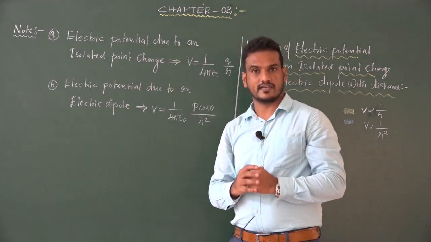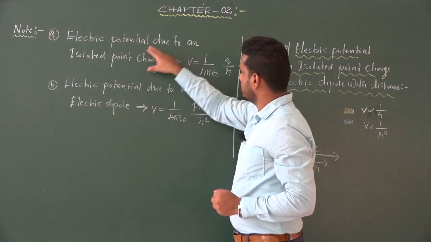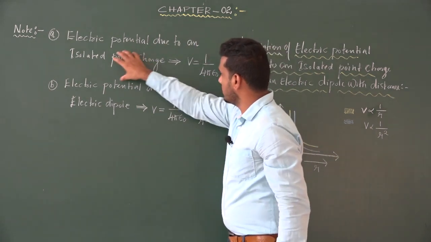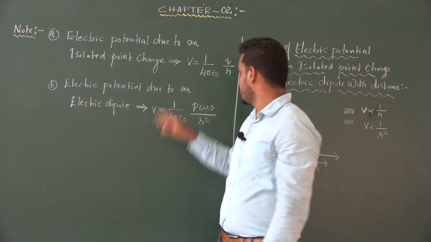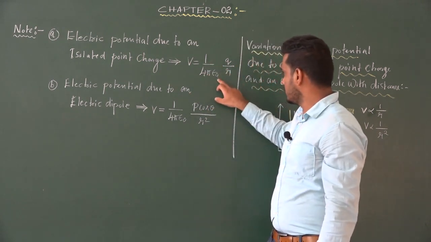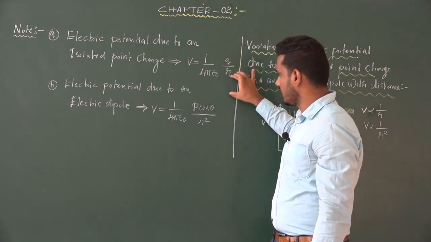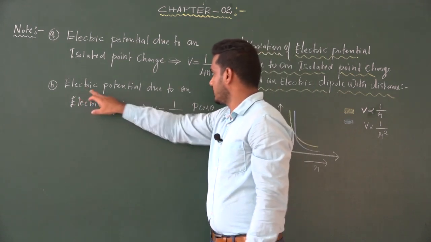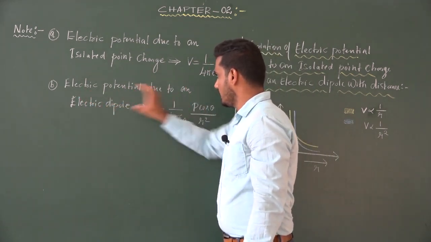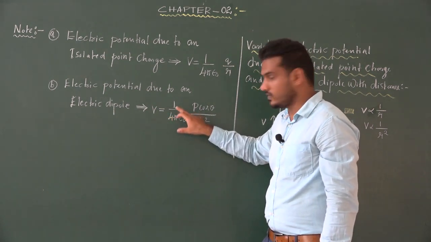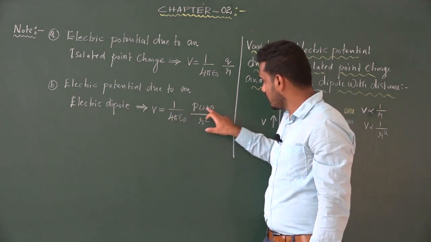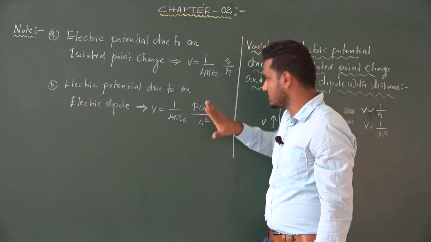For an isolated point charge, we got V is equal to 1 over 4 pi epsilon naught Q divided by r, whereas for an electric dipole, we got V is equal to 1 over 4 pi epsilon naught P cos theta divided by r square.